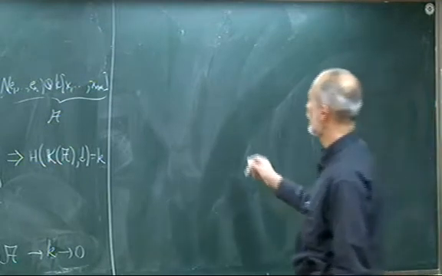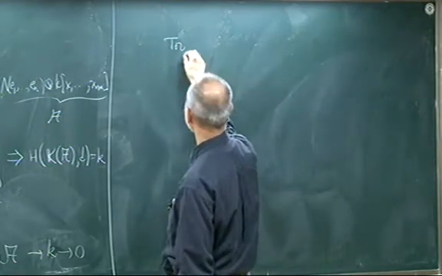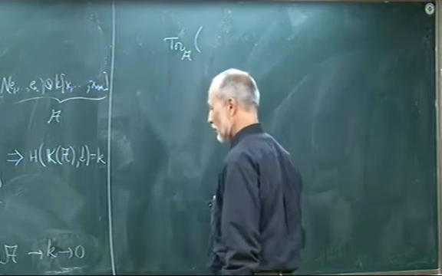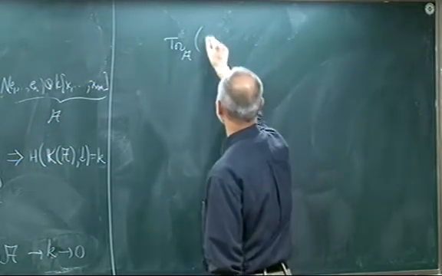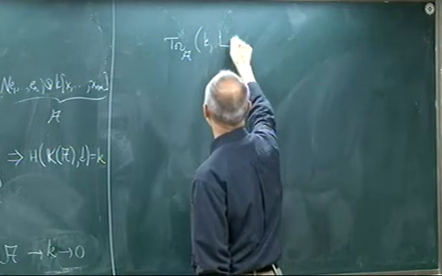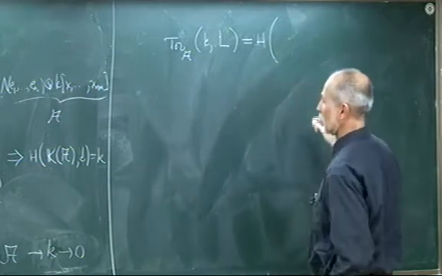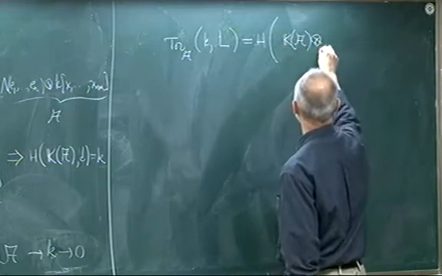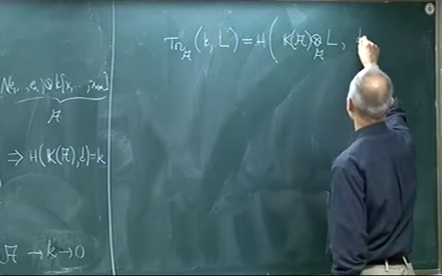So having said all that, I can now compute Tor over A of anything I want. This will be Tor of k and L, and this will be simply the homology of this complex tensored over A with L, d tensor 1.